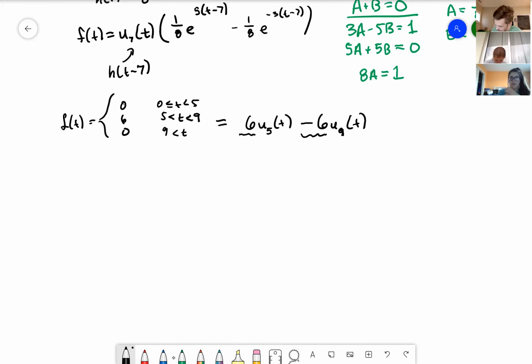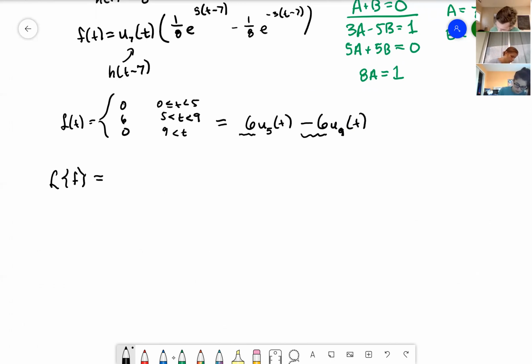Okay, so it just wants the Laplace transform of this thing. Laplace transform of f. Let's see, how do we do this? The shift. So I'm just going to look at the thing so that I don't confuse myself.